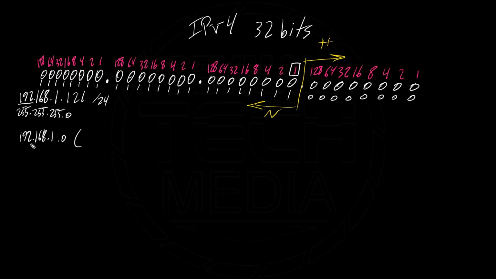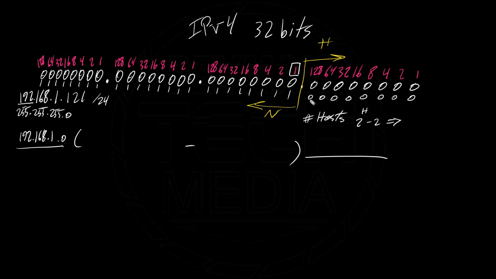So here is the network address, and we talked about how we have a network address and a broadcast address. These are the available IP addresses in between. We also had the formula for the number of hosts: 2 to the power of host bits, minus 2. In this case, how many host bits do we have? We have 8 host bits.